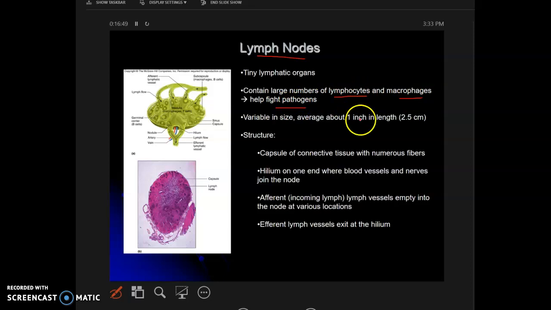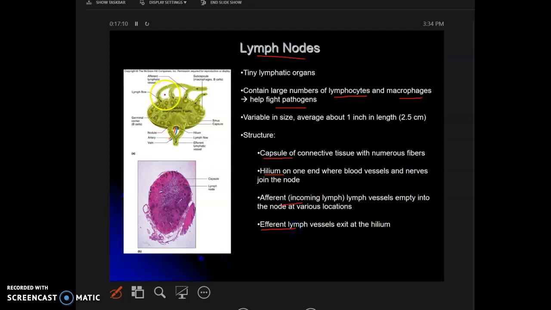All right, they're variable in size, but basically they have a capsule. At one end, they have a hilum. So the afferent vessel brings lymph into this lymph node and it goes out through the efferent, all right?